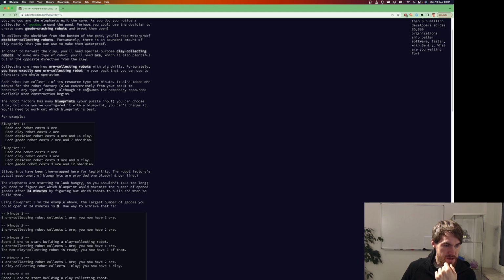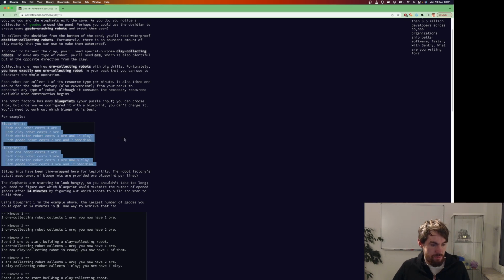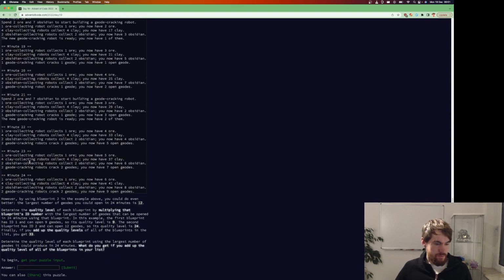It consumes the necessary resources available when construction begins. We have many blueprints you can choose from, but once you've configured it with a blueprint, you can't change it. Okay, so we have a set of blueprints, and then we need to figure out which is the best. Luckily, we can do that.